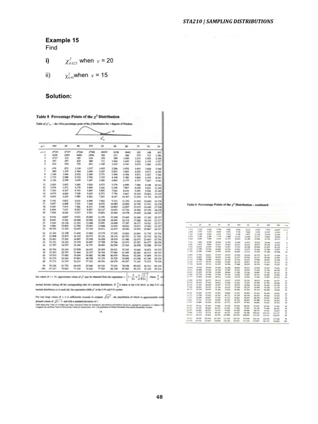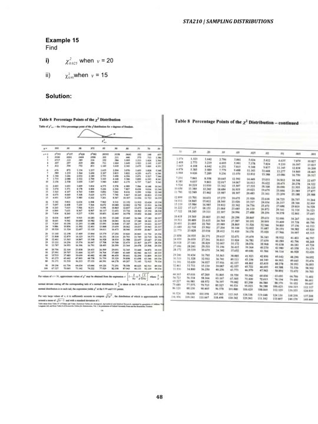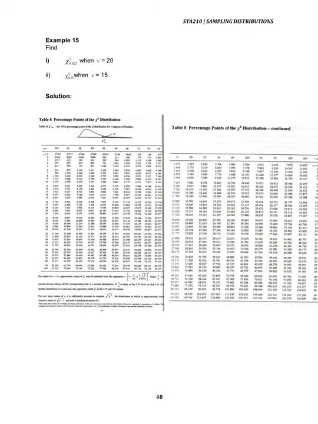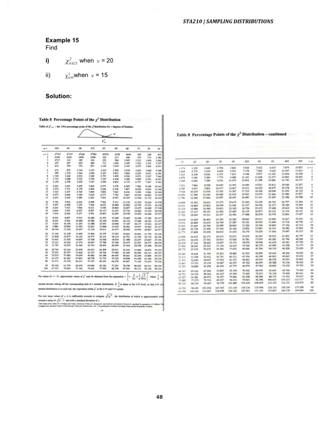Before we go further into example 15, let's take a look at the chi-square table first. Let's look at your statistical table, specifically Table 8. This is how your chi-square table looks. There will be 2 pages, so you will refer to table number 8.